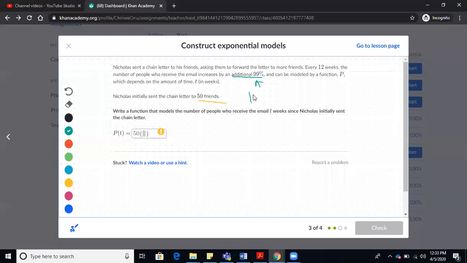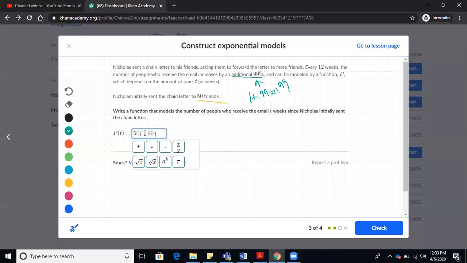So I'm gonna do 1 plus 99%. And if it gives you percent, you want to change that into a decimal. So 99% is 0.99, okay? So 1 plus 0.99, that's 1.99. So that's what goes in my parentheses, 1.99.